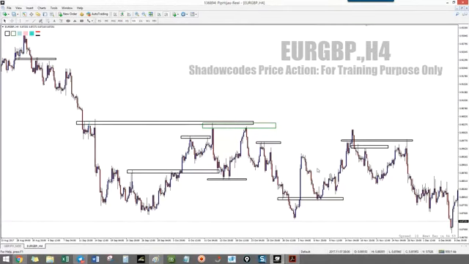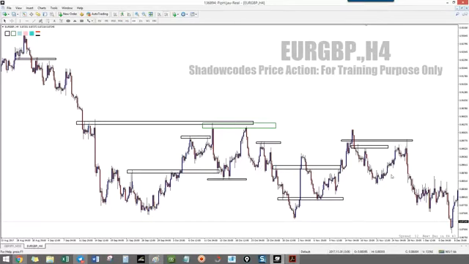Let's find more. This one is only a temporary one. If you want to hold a position using ST1, make sure you understand the previous topic.